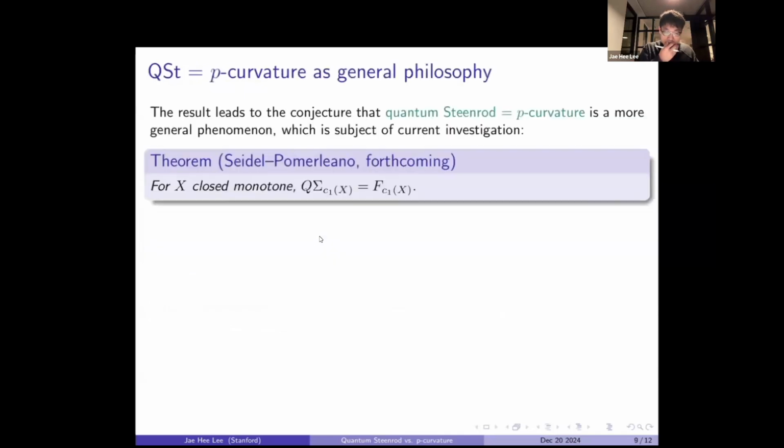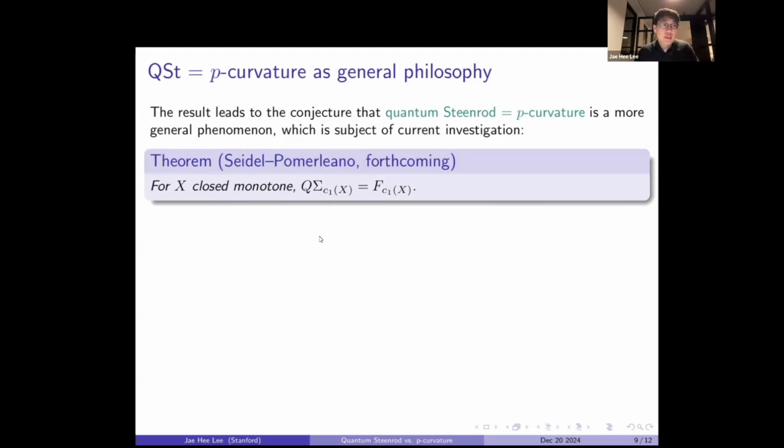So building on this result, one can formulate this conjecture that this equivalence between quantum Steenrod operations and p-curvature is actually a more universal phenomenon that goes beyond the symplectic resolutions case, because you can define both sides in a broader context that's not only limited to symplectic resolutions.